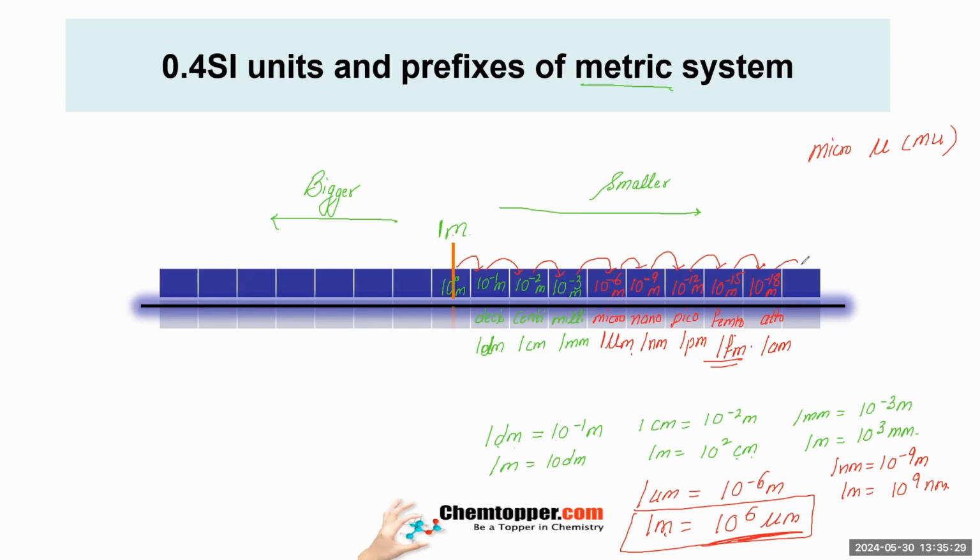And now as we keep discovering more smaller units, we can keep adding more prefixes. Now let's go to the bigger side, bigger units. We are going to follow the same sequence, but here the number is increasing by a factor of 10. Like on the smaller part, it's decreasing by a factor of 10 for the first three, then by 1000.